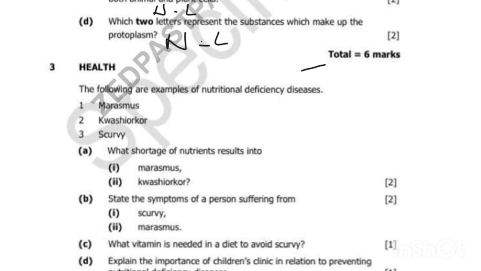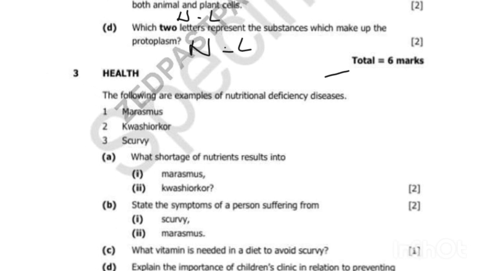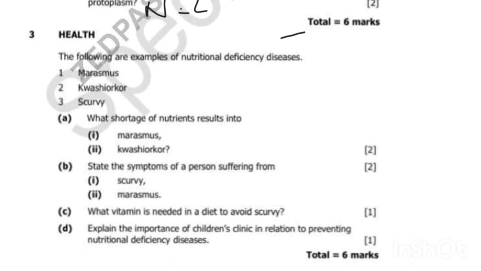So marasmus has to do with the deficiency of macronutrients. It brings marasmus. Macronutrients are nutrients that are needed in a large quantity, in a large amount. So now, what are those nutrients that are needed in large quantity?